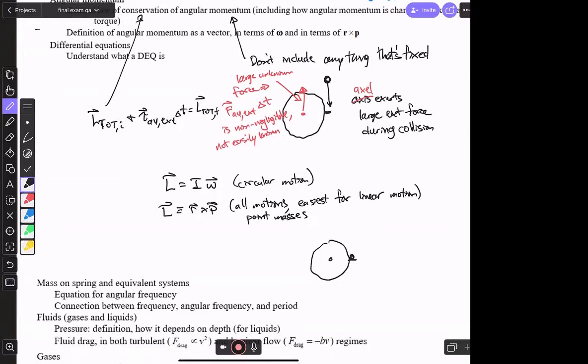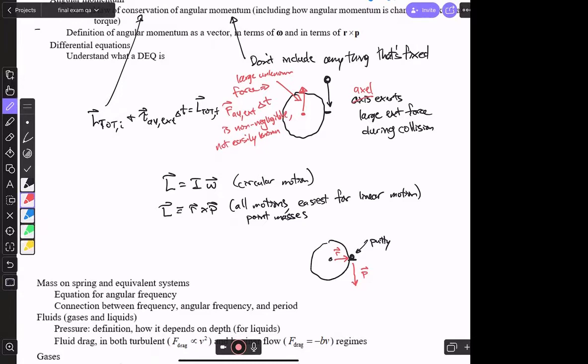So let's say if we were going to calculate just the angular momentum due to the putty, we would draw a radius vector from the axis out to the putty. So there's my radius vector r. There's my momentum of the putty just before it has hit.